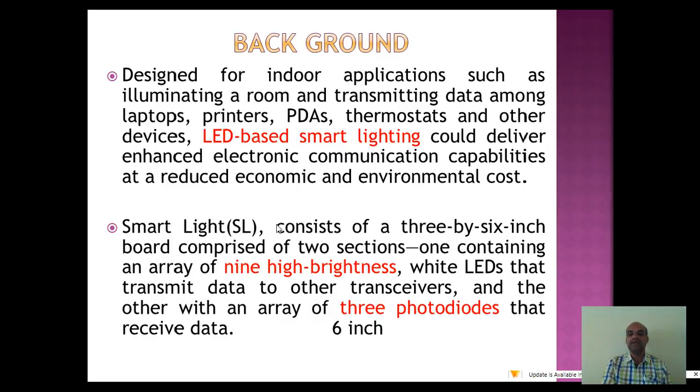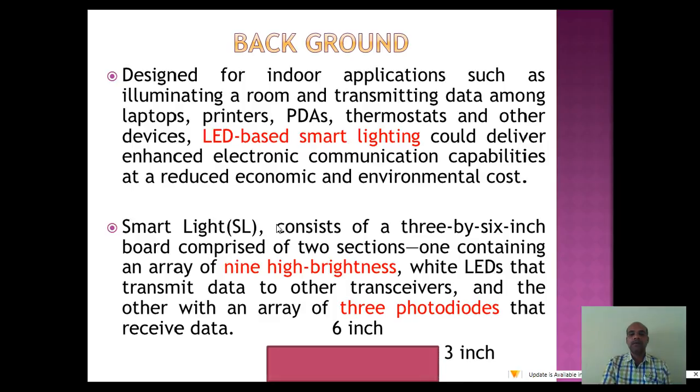We can call this LED smart based lighting, which can deliver enhanced electronic communication capabilities at reduced economic and environmental costs. There is no effect on the environment, and no effect on human beings.